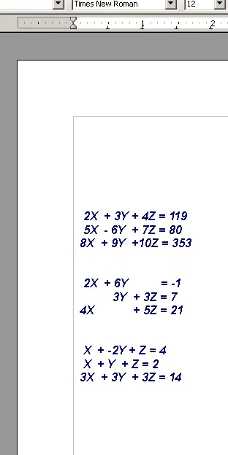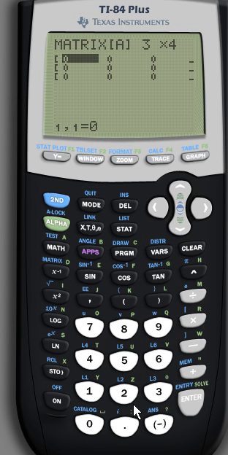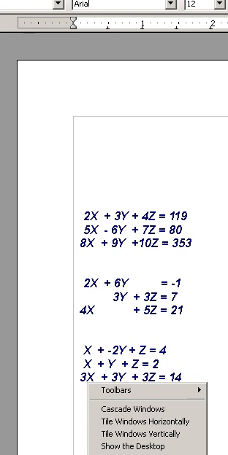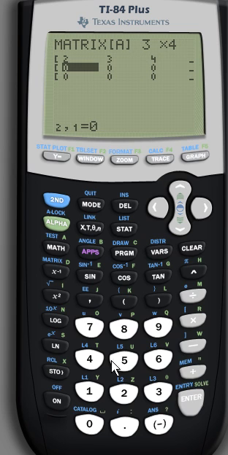So now we look at the first row. The first row is going to be 2, 3, 4, 119. Then we look at the second row. It's going to be 5, negative 6, 7, 80.